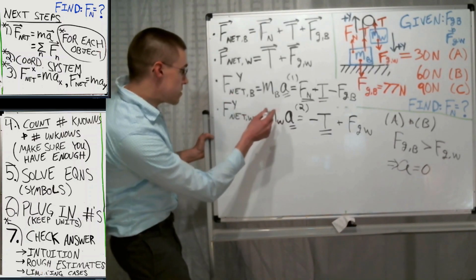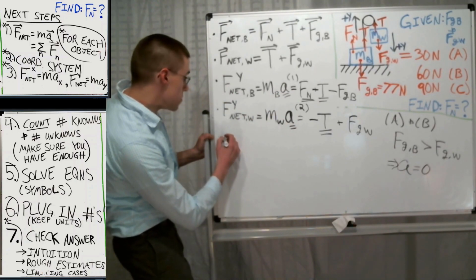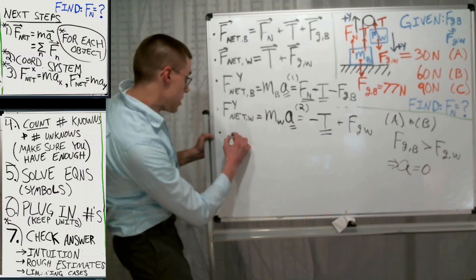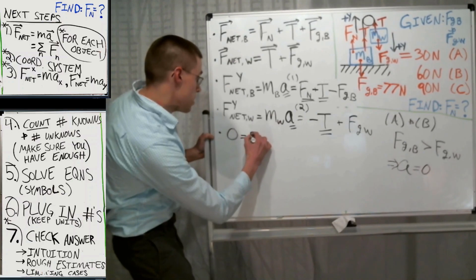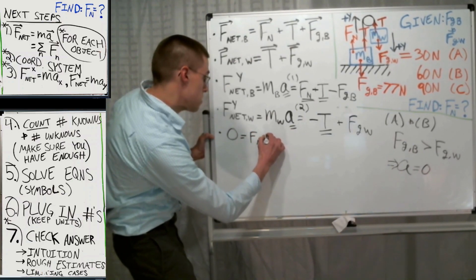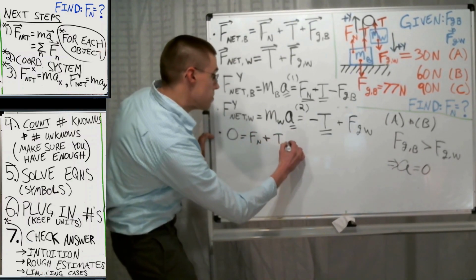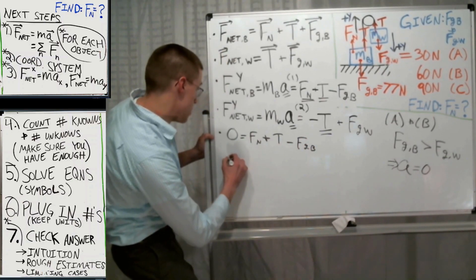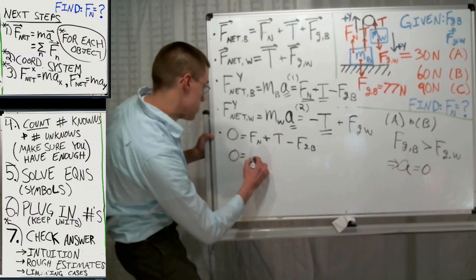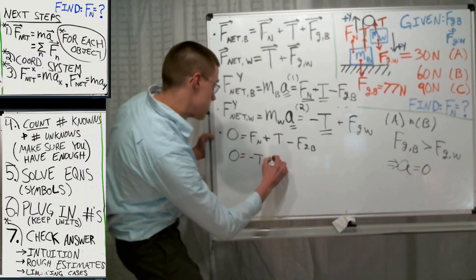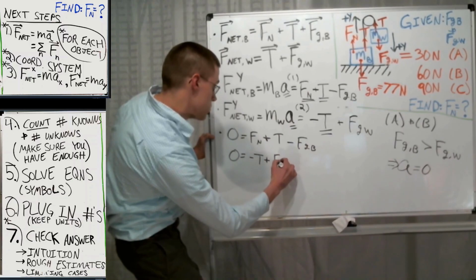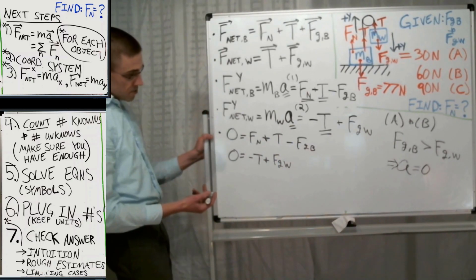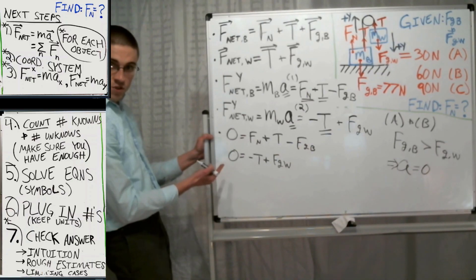So in that case, both 1 and 2 are equal to 0. So I have 0 equals Fn plus T minus FGB, and I have 0 equals minus T plus FGW. Okay, I can do addition or substitution method. Here I have two equations, two unknowns.